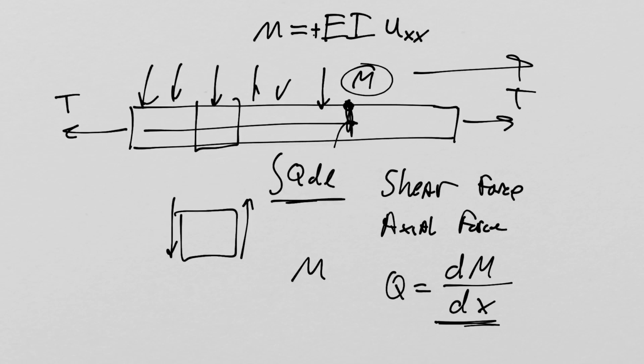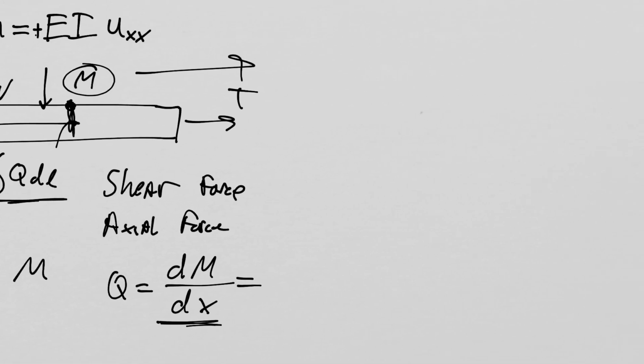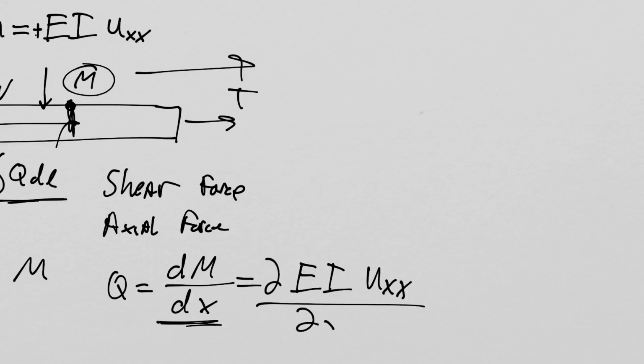And using our new expression, we now can say that the shear force equals EI times the second derivative, with partial derivatives here, partial x.